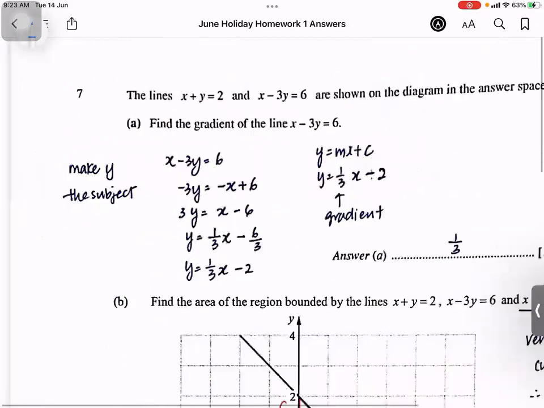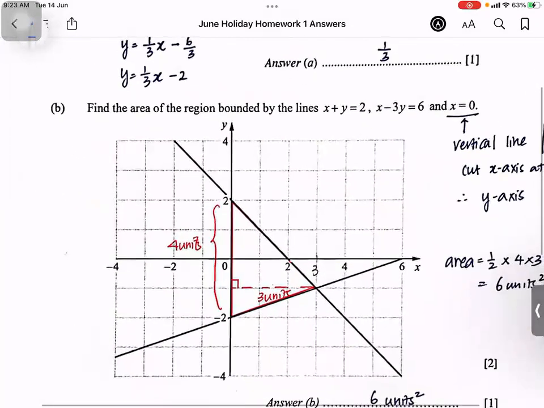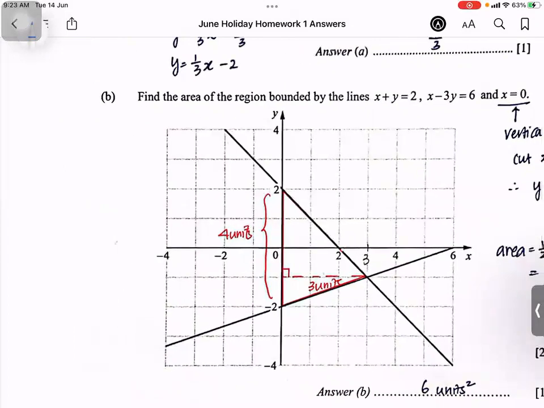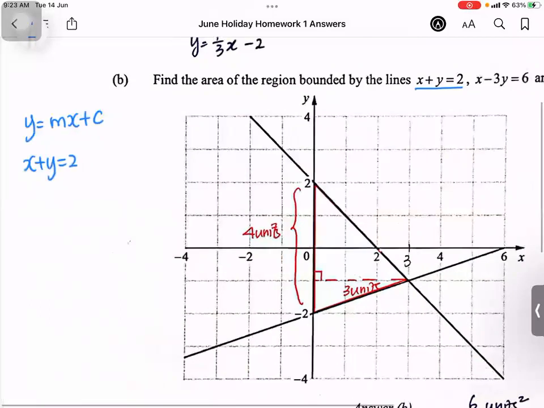Now, first few things to take note. How do I know which line is which line? First one, I need to have a mental image of a general equation of a straight line, y equals mx plus c. Am I right? So if I have x plus y equals 2, how do I know which line it is? First thing I check, make y the subject. y equals, if I shift it over, negative x plus 2. What does this tell me?